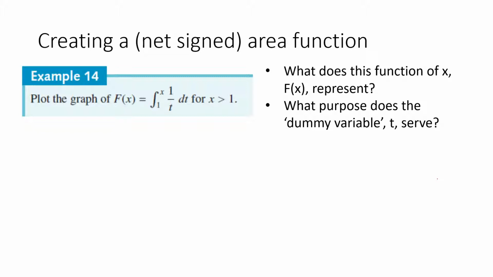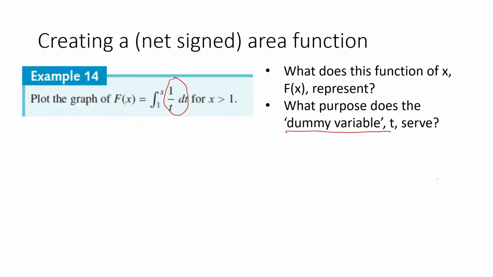The integrand is this. It's using a dummy variable, some variable, not x, in order to express it. It wouldn't make sense to work with x because x becomes the upper bound, the upper terminal in this integral function. But have a think about what this is creating.